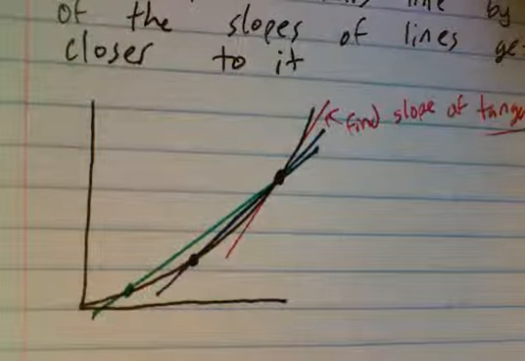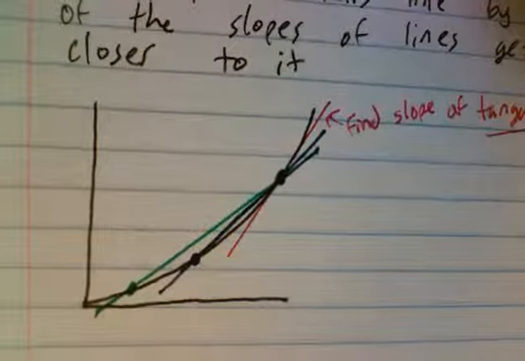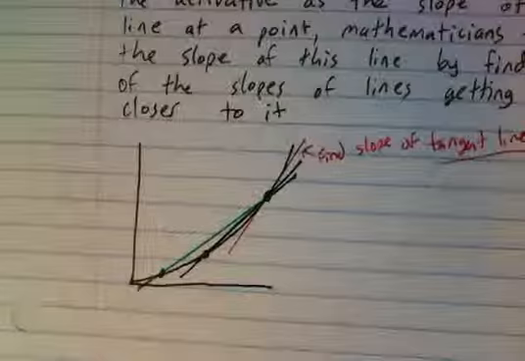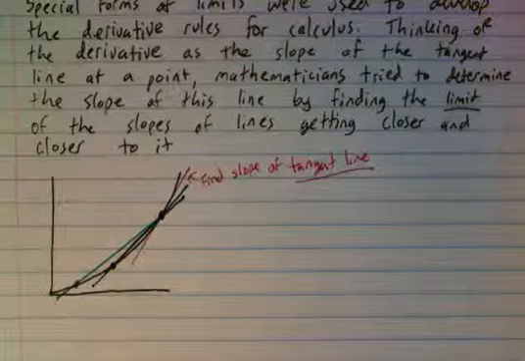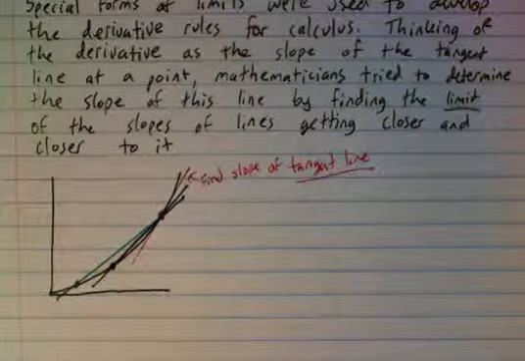And so one thing that they could do is they could just calculate the value of each slope and just sort of do a table and figure out what the derivative was going to be that way. But mathematicians represent this algebraically instead because they're mathematicians. That's kind of what we do.